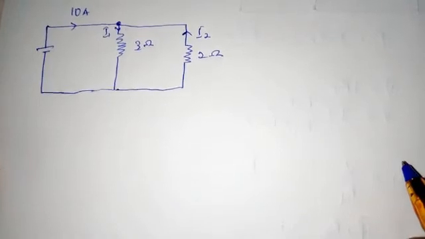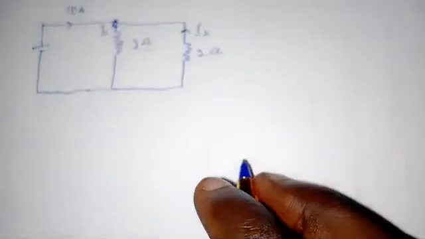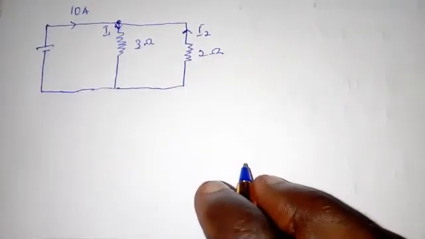We have this circuit here, and we have to find the values of I1 and I2. Simply use current division to find our currents.